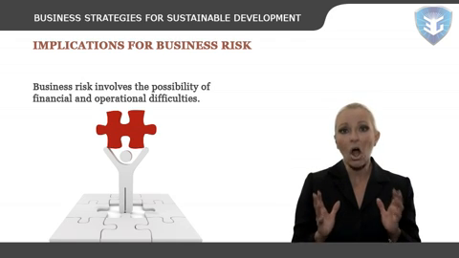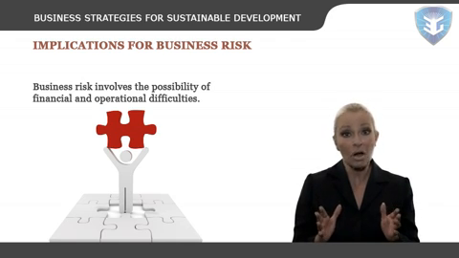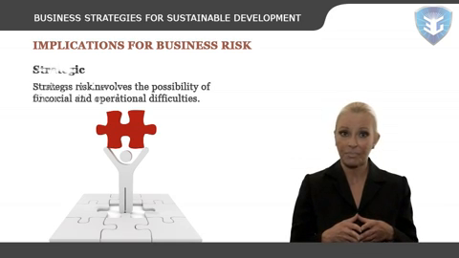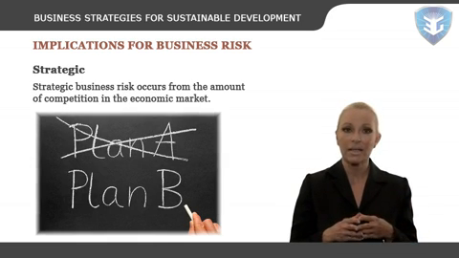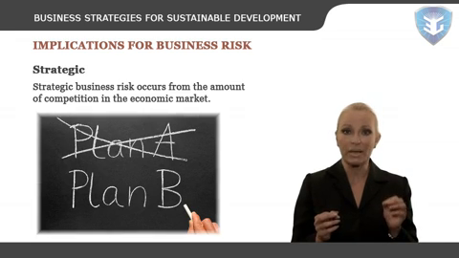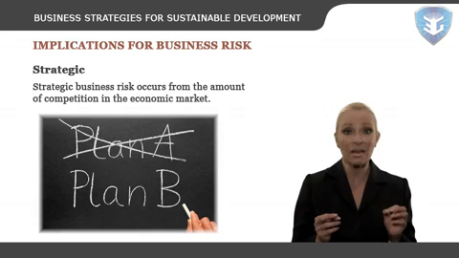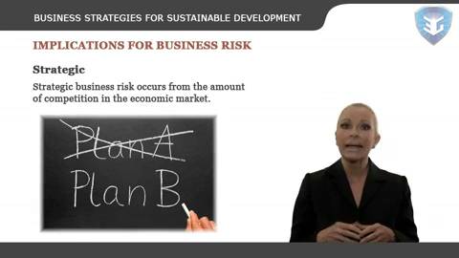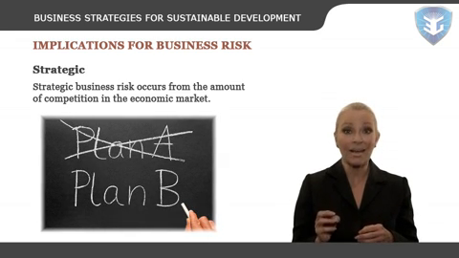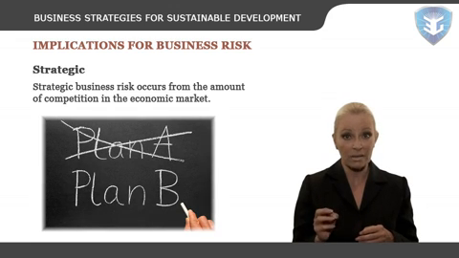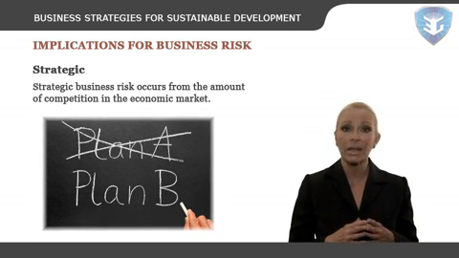Business risk can also result from overall economic conditions. Strategic. Strategic business risk occurs from the amount of competition in the economic market. Increasing competition can create lower market share and fewer profits for a company.